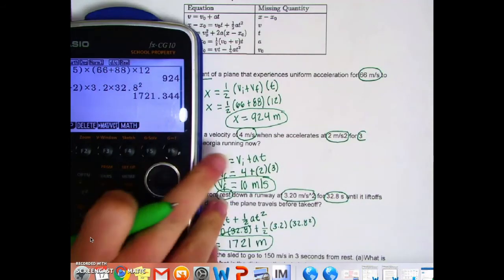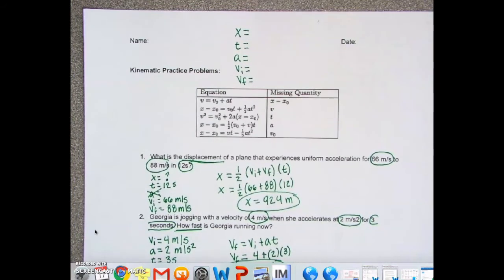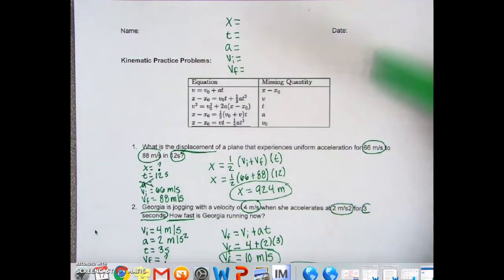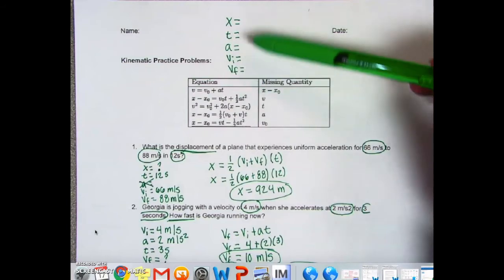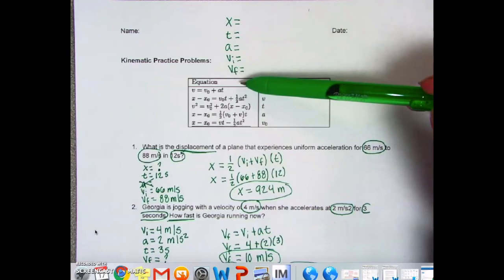So the key for solving these problems, and there are 3 problems left, is to identify what the problem gives you. I would start by writing out a list of all the possibilities. Remember, there are 5 quantities you could have in this problem: displacement, time, acceleration, initial velocity, and final velocity.